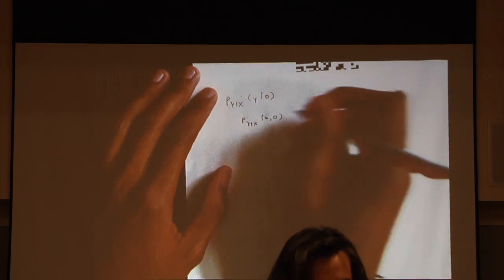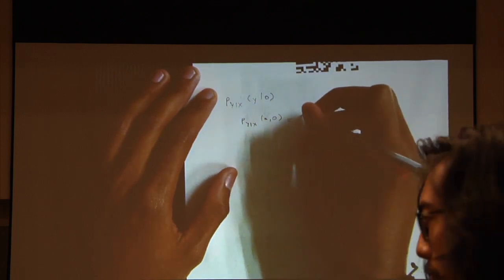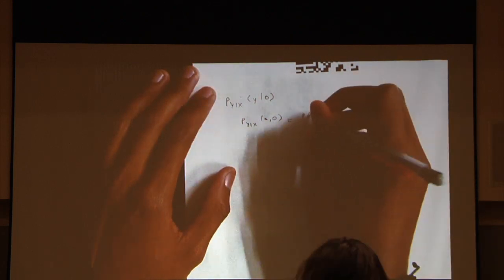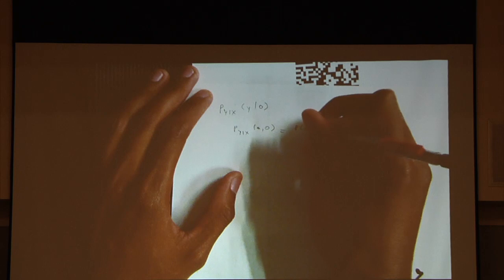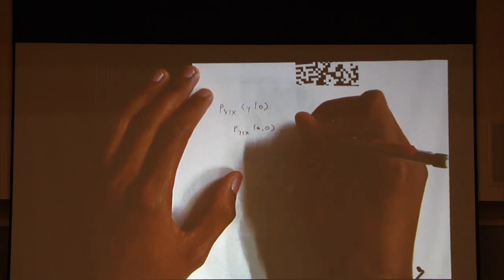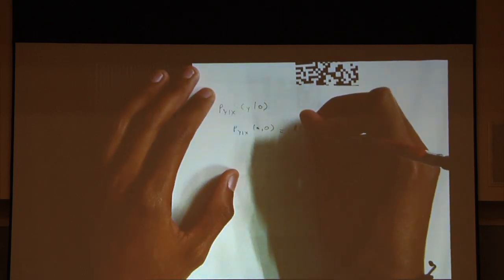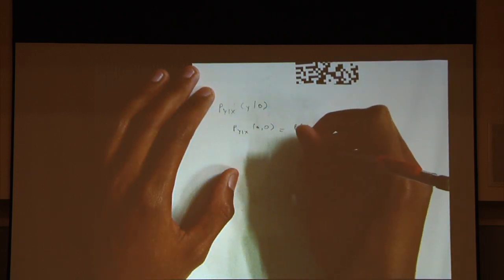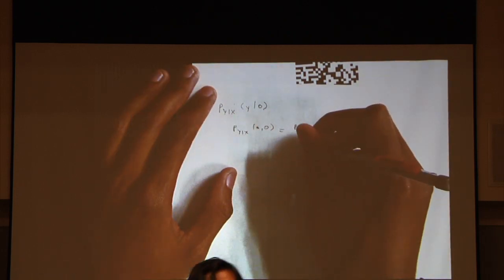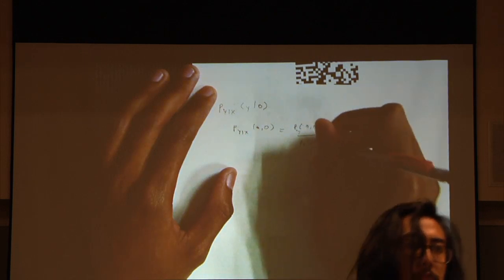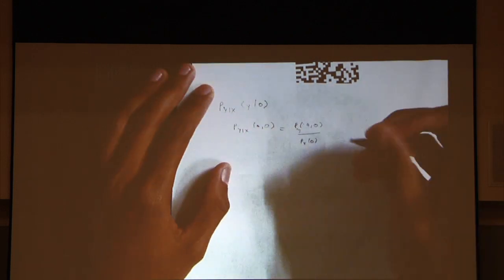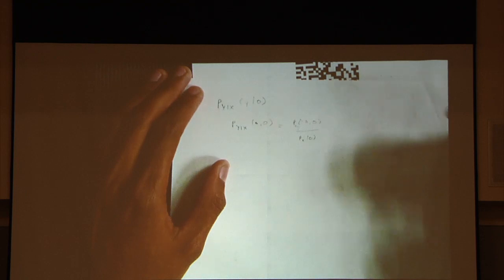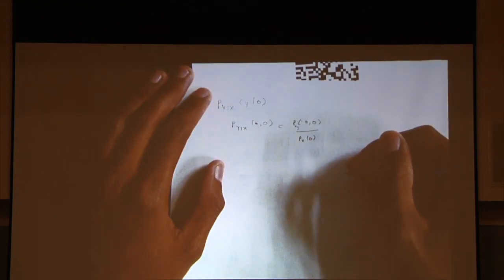So given that y is 0, would be the probability of x, y, divided by the condition, which is the probability that x is 0, or you could just use the probability mass function instead of just adding up the rows again.